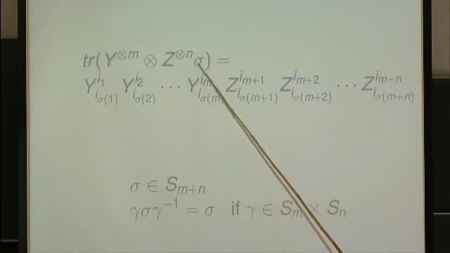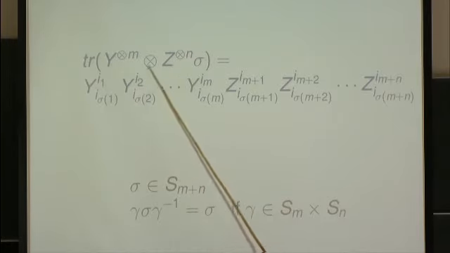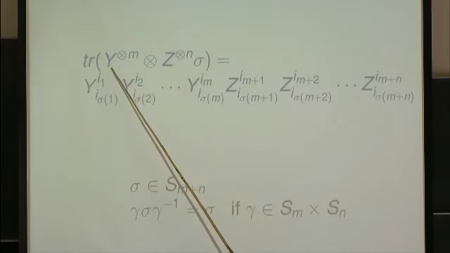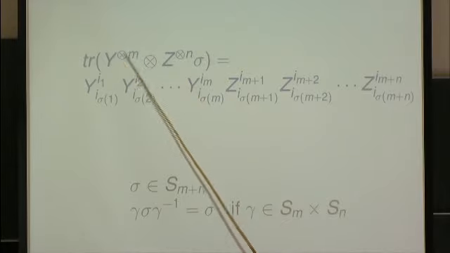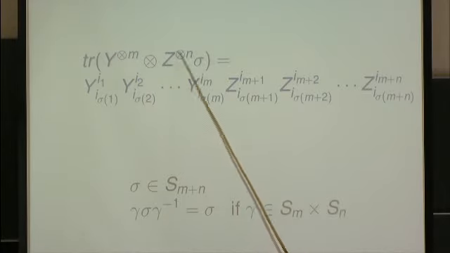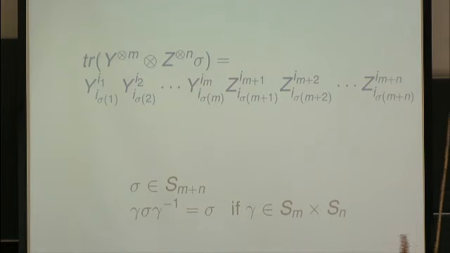By cyclicity you can put the gamma inverse there, that amounts to permuting the y's and the z's, and if that permutation lies within the y's, S_m, or within the z's, S_n, it leaves the operator the same. So conjugating by this subgroup of S_{m+n} leaves the operator the same.